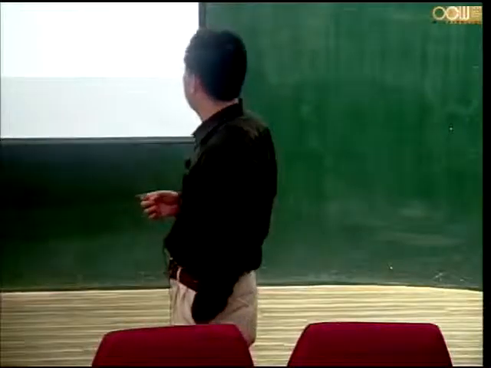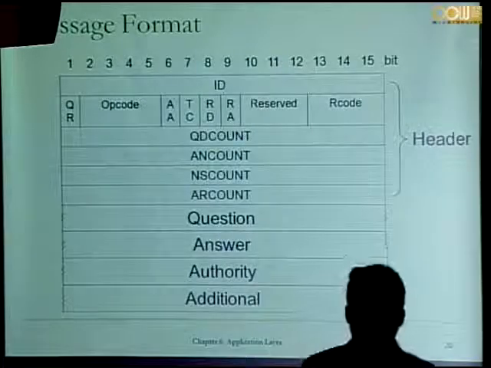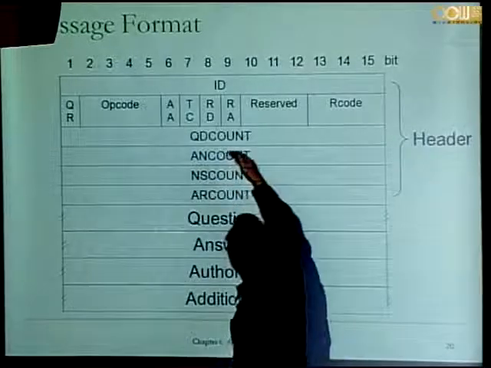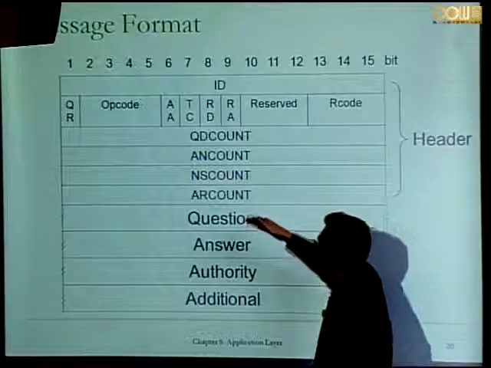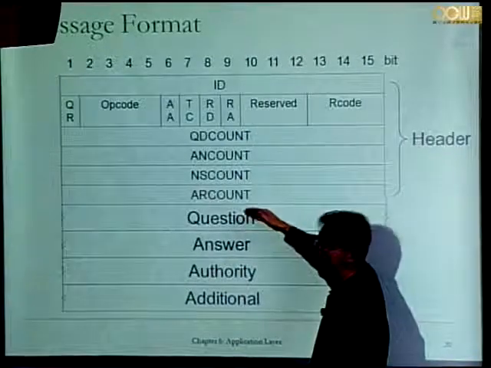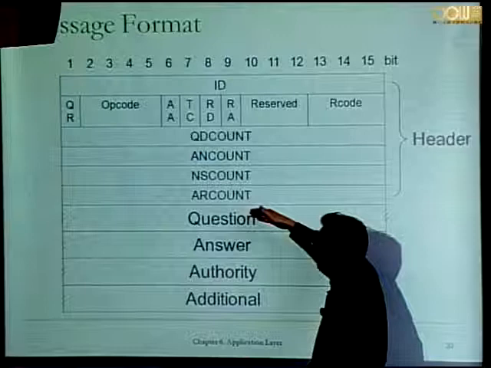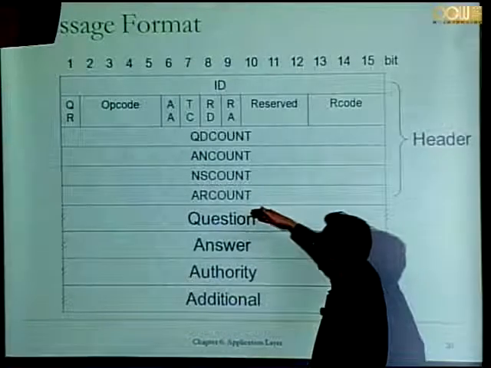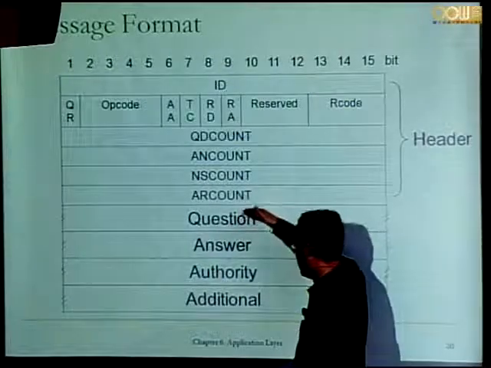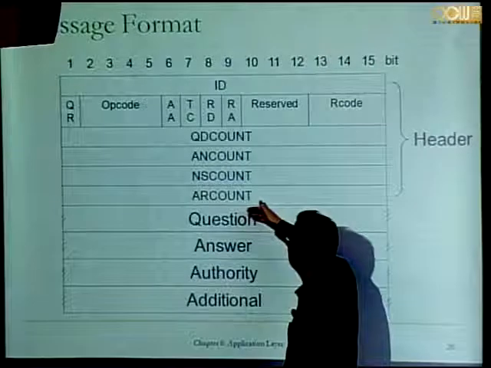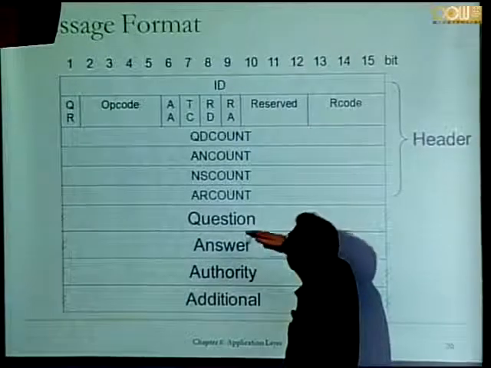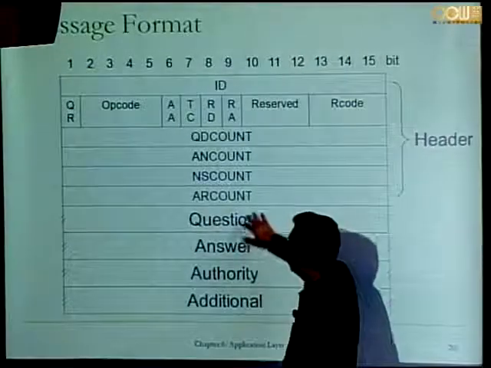Not many parameters, so they wrote it this way, with a fixed header, and then followed by the query, the answer, authority, and additional. So these are the queries we send. You might look up from the domain name to IP address, or IP address to domain name, or you look for mail exchange. You look for canonical name. So these are the things you put.